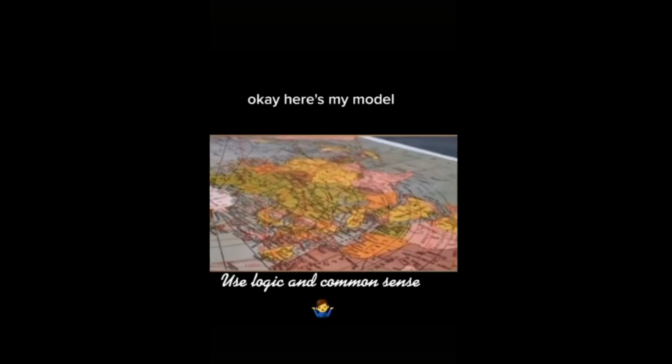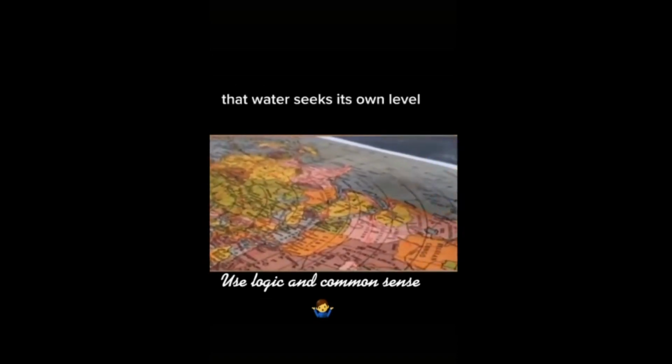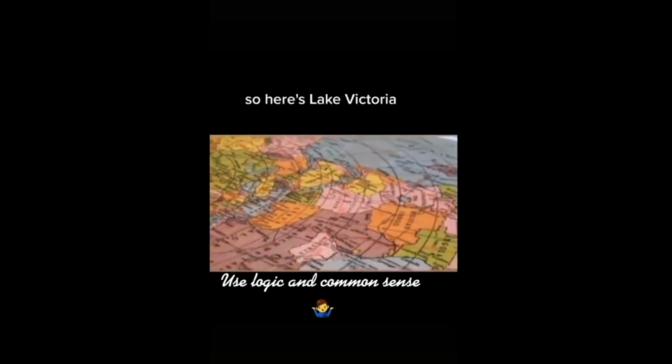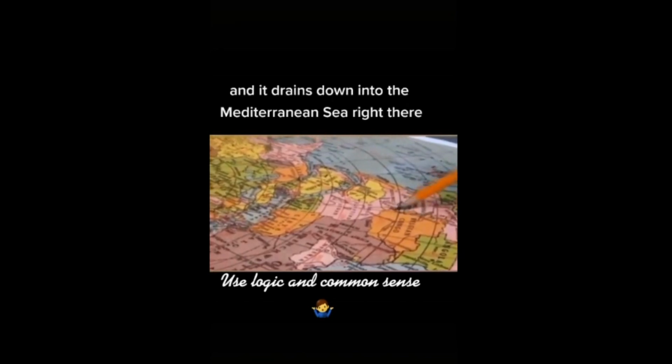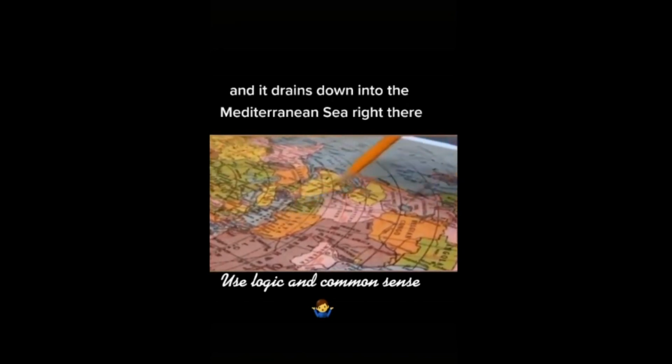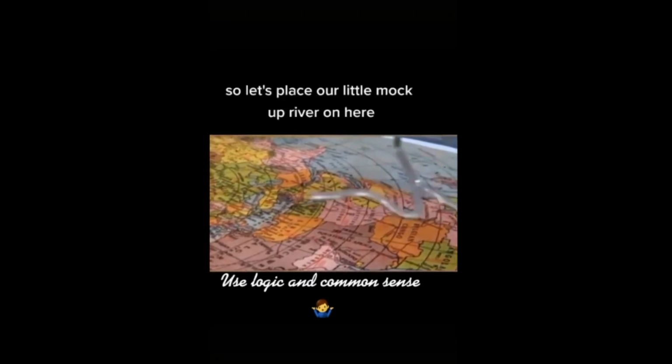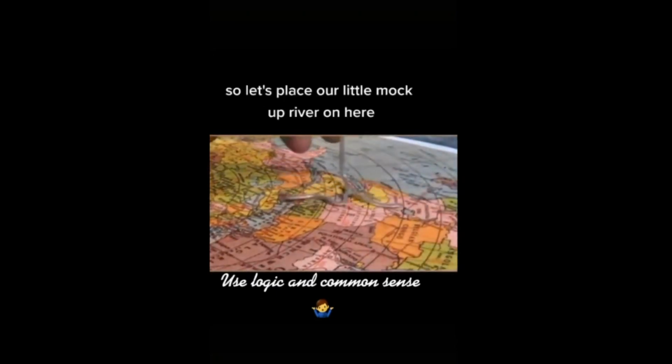Okay, here's my model. It's a scientific fact that water seeks its own level. That makes all the oceans flat. So here's Lake Victoria. And it drains down into the Mediterranean Sea, right there. So let's place our little mock-up river on here.